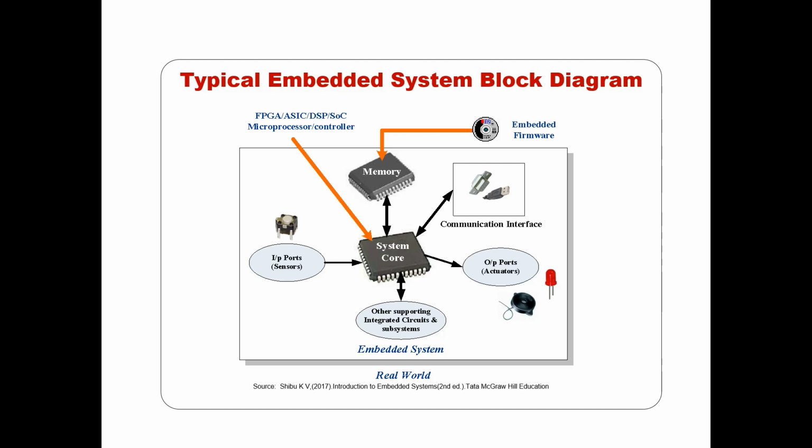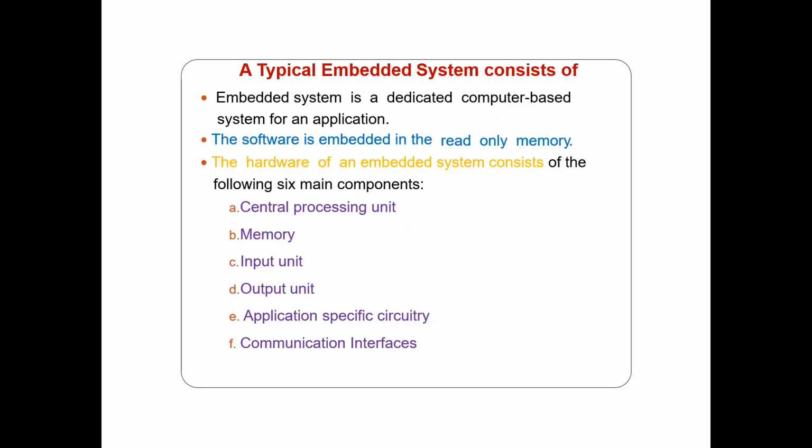In the real world, the embedded system consists of 6 major components, which include a system core, memory, communication interfaces, input ports, output ports, and other supporting integrated circuits. As we already know, an embedded system does a specific job, hence it is a dedicated computer-based system for a specific application.